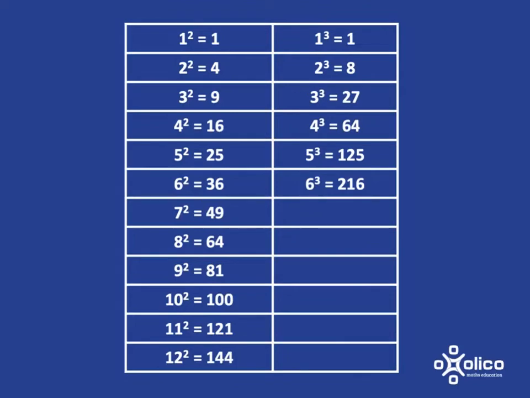So just knowing immediately that 16 is 4 squared or 216 is 6 cubed is going to be quite useful for you. It's also probably quite useful to know things like, for example, 2 to the power of 4, which we know is 2 times 2 times 2 times 2 is going to be 16, and 2 to the power of 5 is just going to be 16 times 2, which is 32. So recognizing those numbers is going to be quite useful for you to do. But you can, of course, always work it out.